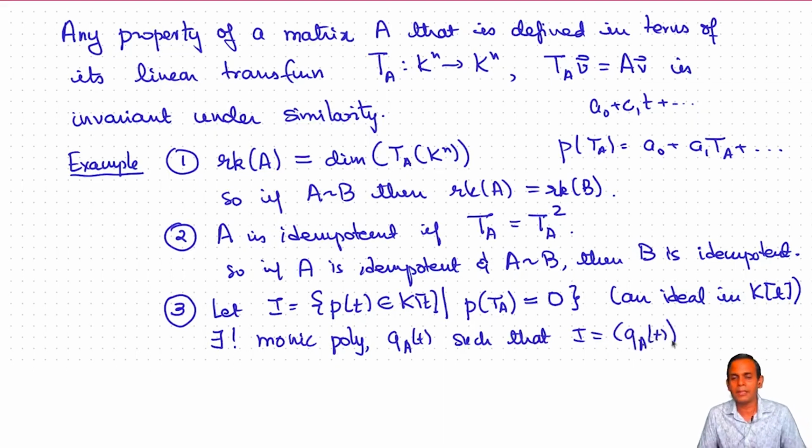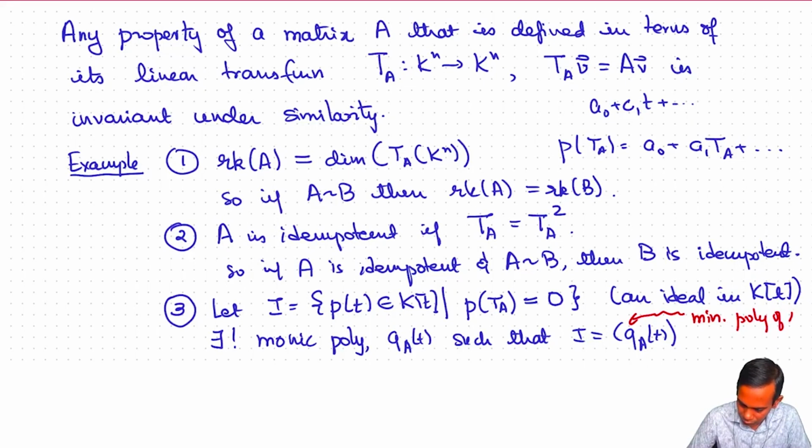This polynomial qA is called the minimal polynomial of A. Now this polynomial is defined entirely in terms of the linear transformation TA.